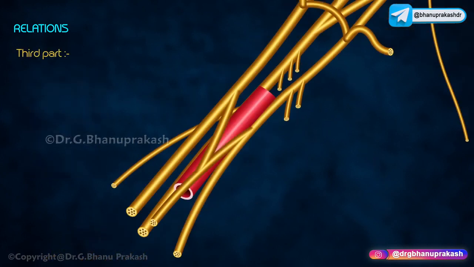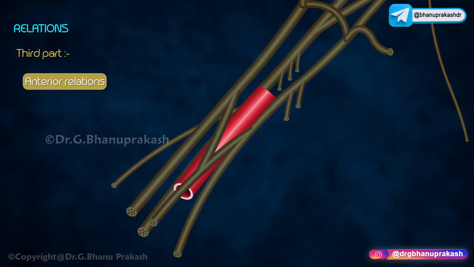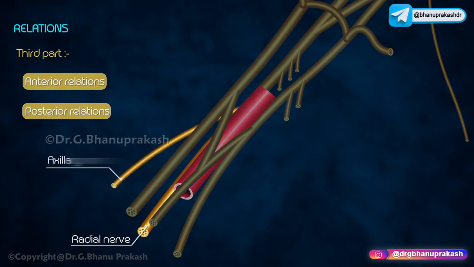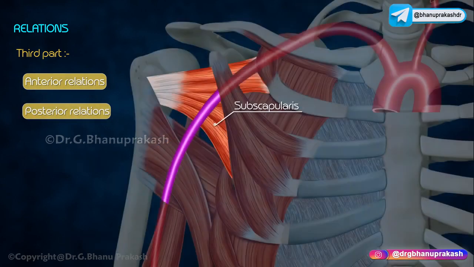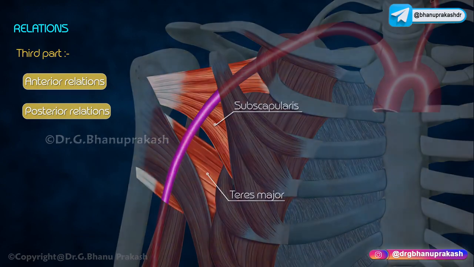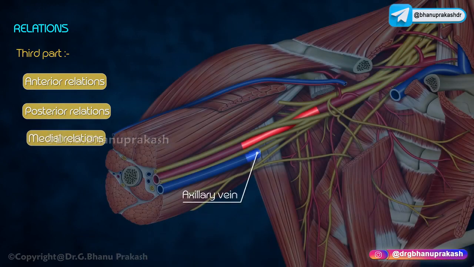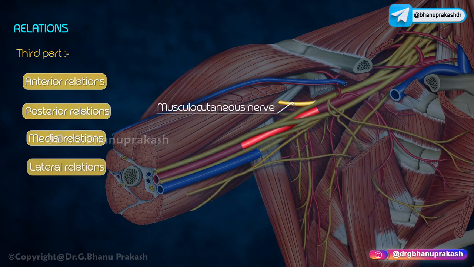The third part is related anteriorly to the medial root of the median nerve, posteriorly to the radial nerve, axillary nerve, subscapularis in the upper part, teres major in the lower part, medially to the axillary vein, medial cutaneous nerve of the arm, and ulnar nerve, and laterally to the musculocutaneous nerve.